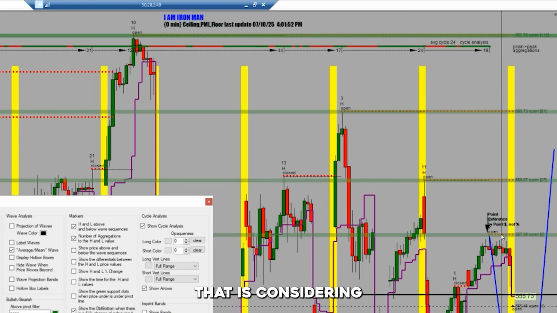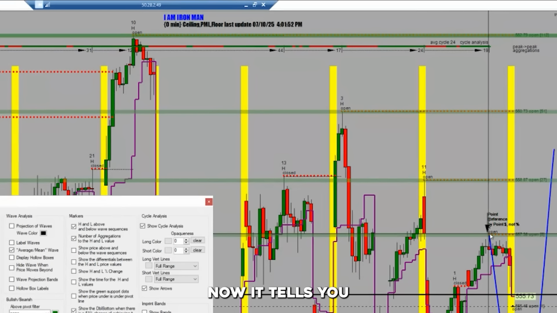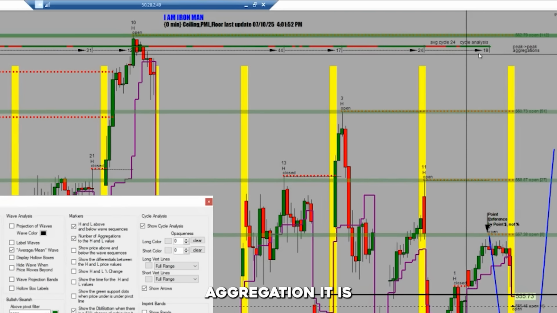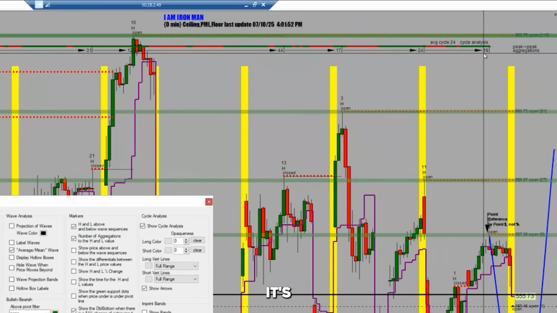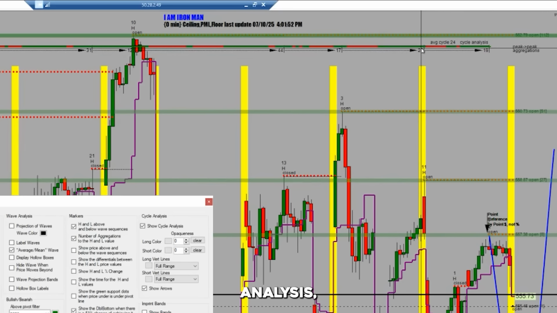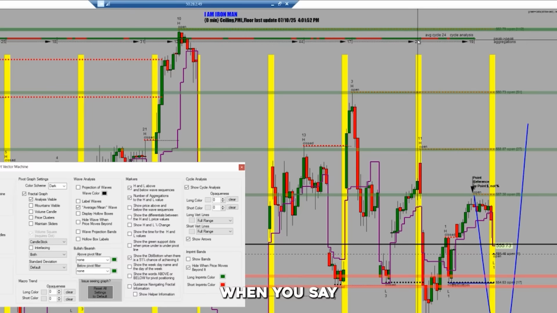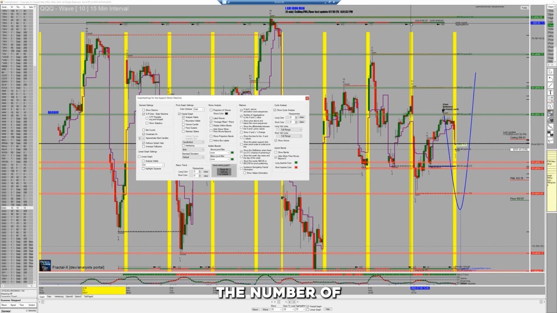That is considered one cycle. Now it tells you how many aggregations it is. It's forming the arrow from here to here, it's 19 aggregations. So it's telling you the number of aggregations that form in that cycle. Does that make sense? When you say the number of aggregations, do you mean the number of candles? Correct, yes, candles.